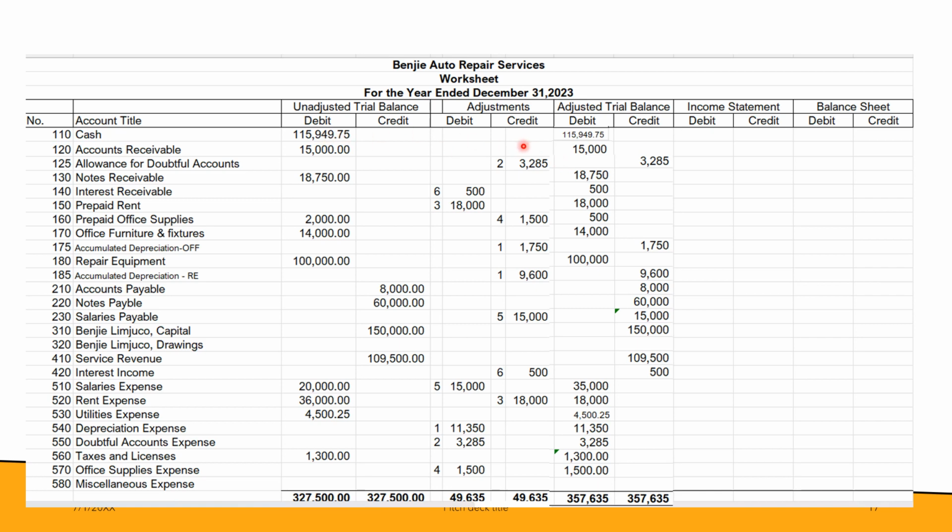And then how about the side, is it a debit or credit column? It depends. If your debit amount is more than your credit amount, then it should be in the debit column, and vice versa. After we have filled out this adjusted trial balance and you already got the total, you can now proceed to the next column, which is income statement.